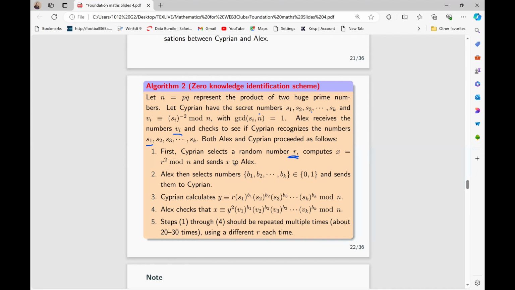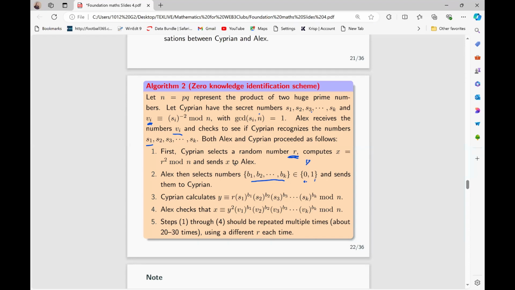Now, when Alex gets this, he selects numbers B1, B2 up to Bk, because we had sent him V1, which has S1, S2, S3 up to Sk. So he also sends you these numbers. And look at these numbers: they are chosen between 0 and 1, which means they are fractions.